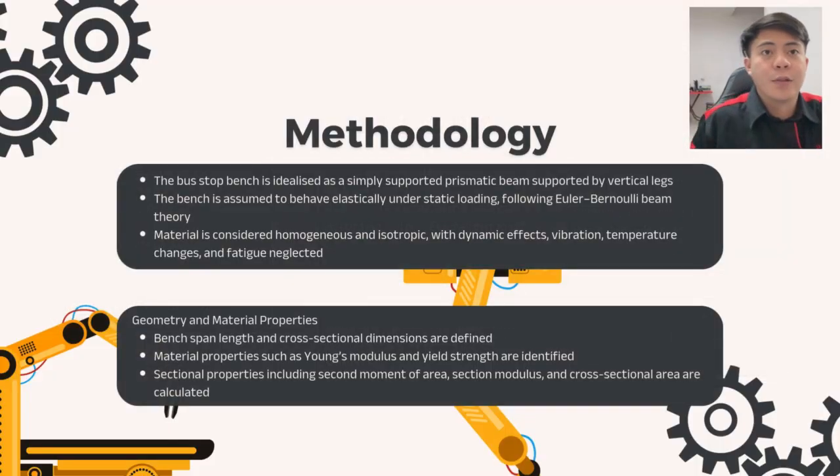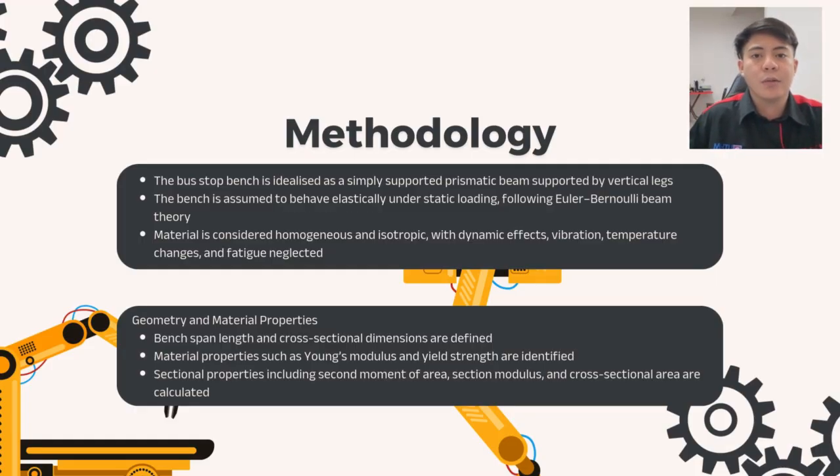Okay, so for methodology, the bus stop bench is idealized as a simply supported prismatic beam supported by vertical legs. The bench is assumed to behave elastically under static loading following Euler-Bernoulli beam theory.